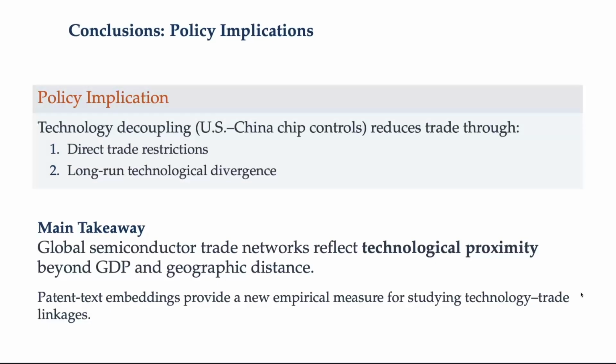So finally, we can suggest some policy. Under this result, we can say that technology decoupling, which has been happening since 2018, US and China chip controls or trade wars, reduces trade, and that is going to be direct trade restrictions, but in the long run, technological divergence can happen. So the main takeaway of this project is that the global semiconductor trade network is hugely impacted by technological proximity beyond what the gravity model tells us.